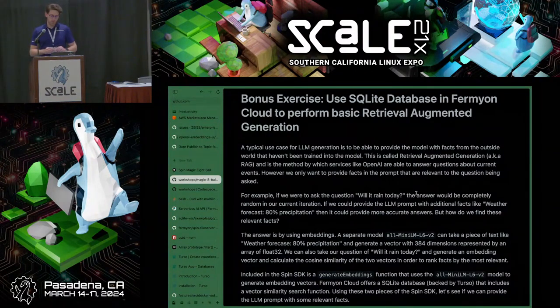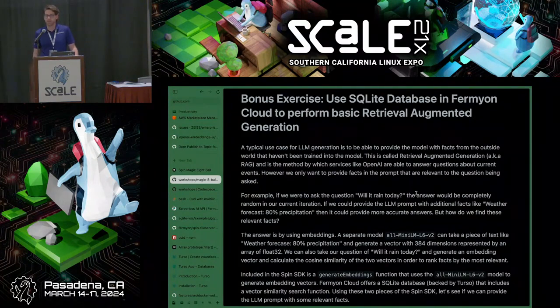So the way that this works is that for a given piece of text, you can generate a vector for that piece of text. It's a 384 dimension vector, so essentially just an array of floats with 384 floats in it. For one example, if we were to ask the magic 8-ball, will it rain today?